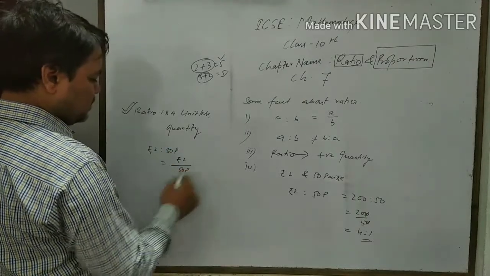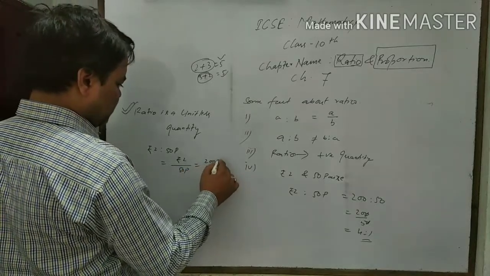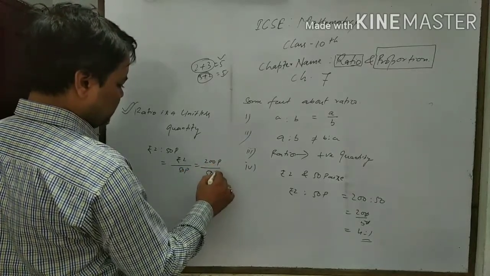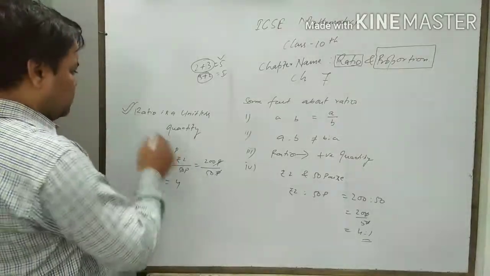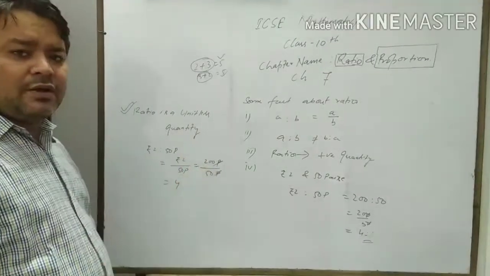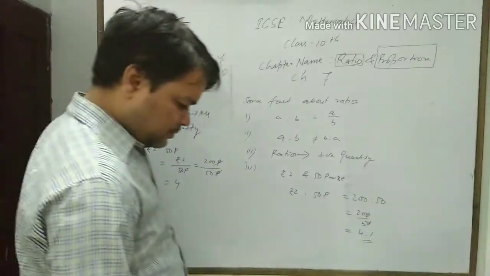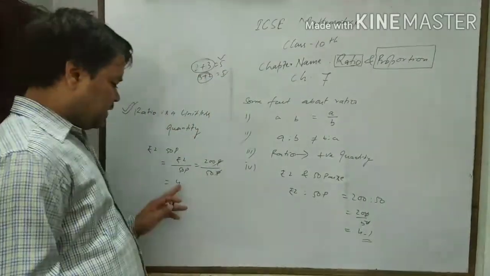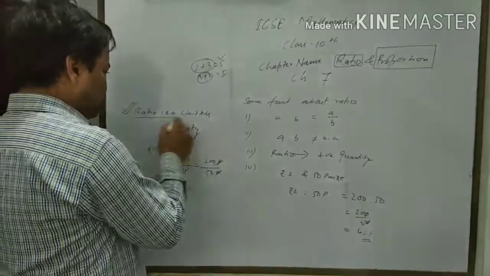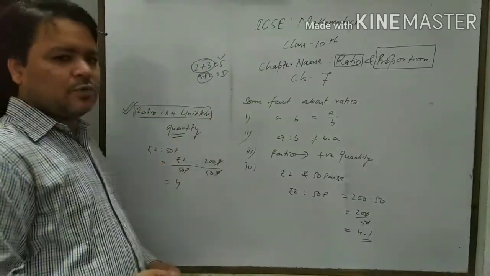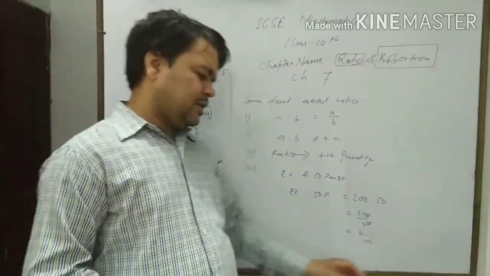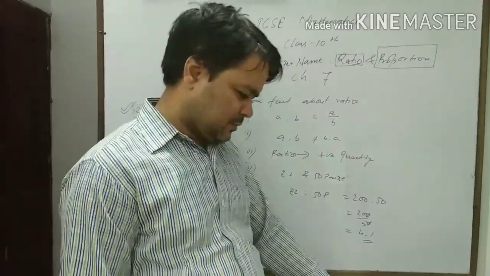We can write 200 paise to 50 paise, paise cancel, that is 4. So what is ratio? Ratio is a number, so it has no unit. Therefore, ratio is a unitless quantity. Okay?